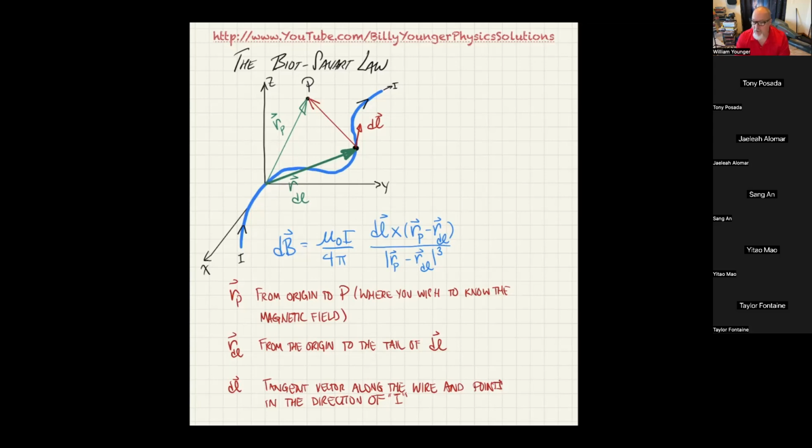The cross product allows us to find the cross product of two vectors, A and B, and the magnitude of that cross product is equal to the magnitude of A times the component of B that is perpendicular to A, or the magnitude of B times the magnitude of the component of A perpendicular to B.